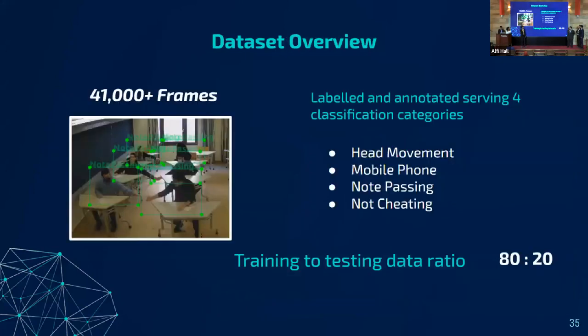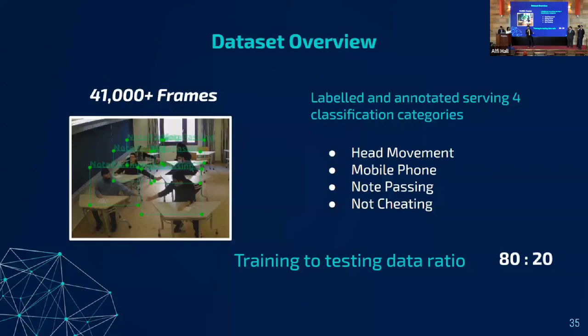So we were able to collect around 100,000 or more frames, but we filtered out 41,000 frames that are distinct and useful for us. The data set was divided between 4 different classes: head movement, mobile phone, note passing, and not cheating.